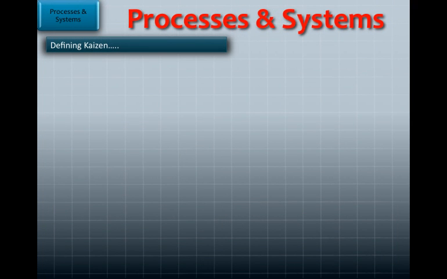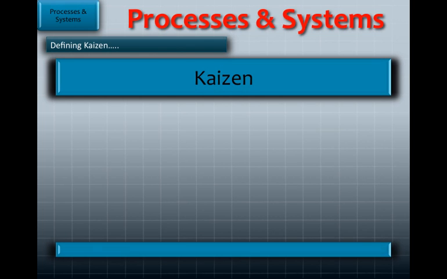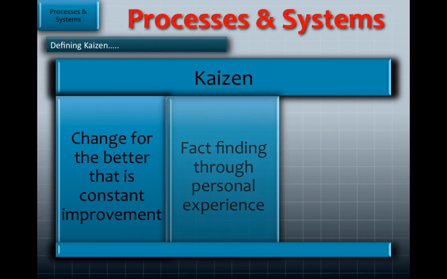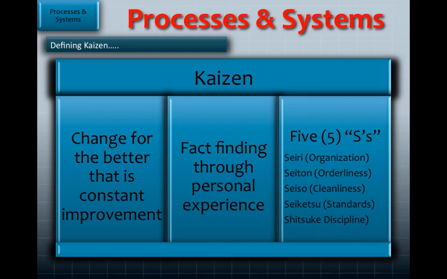When we look to define Kaizen and how it works, it's actually quite simple, yet it takes some work to be able to put this into the whole equation around processes and systems. Kaizen is nothing more than change for the better, that is, constant improvement. So one must go on a fact-finding journey through their own personal experiences to understand Kaizen and the five S's.